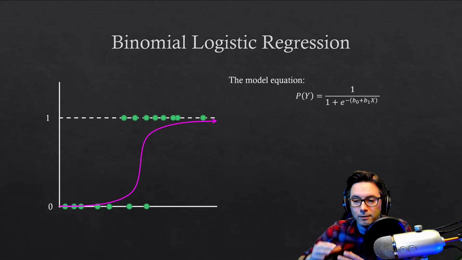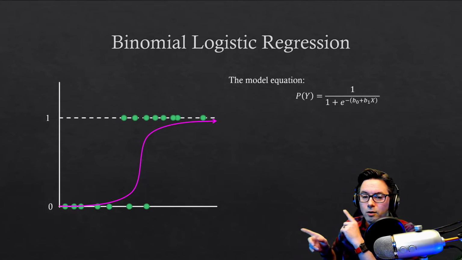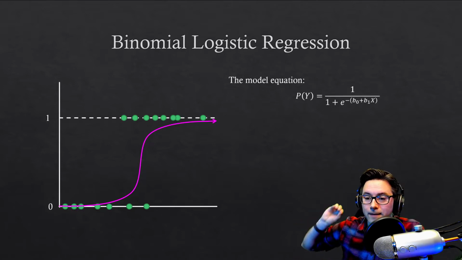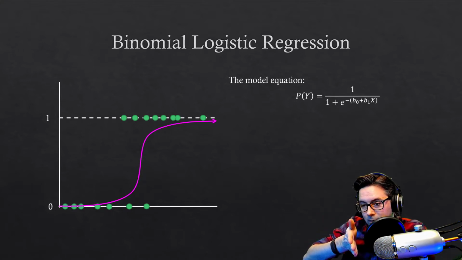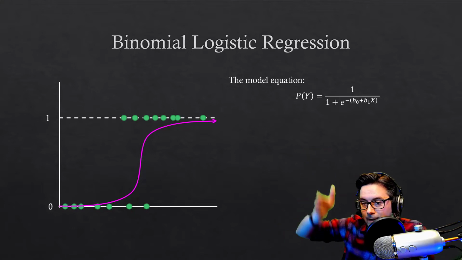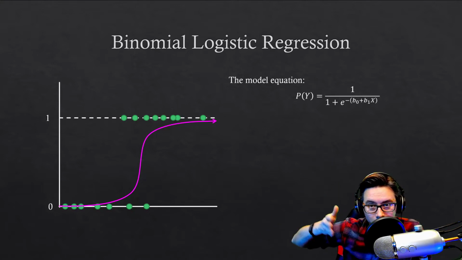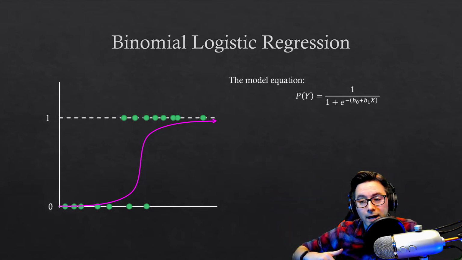Okay, so if you look at where these values are, notice the green dots over here, these are the different values. The predictor is still the X values, but the Y values are the responses. Notice it is either is something, it's a 1, or it's not, and it's a 0.